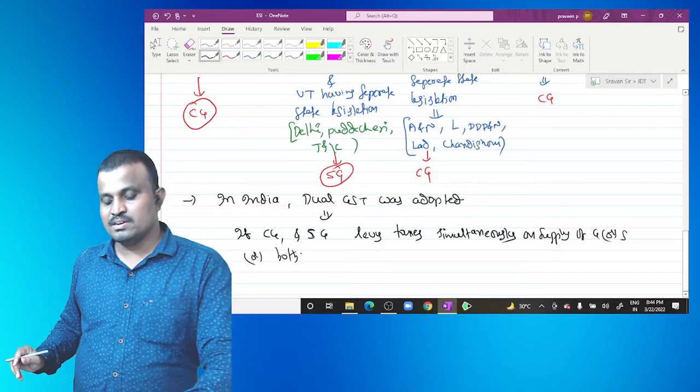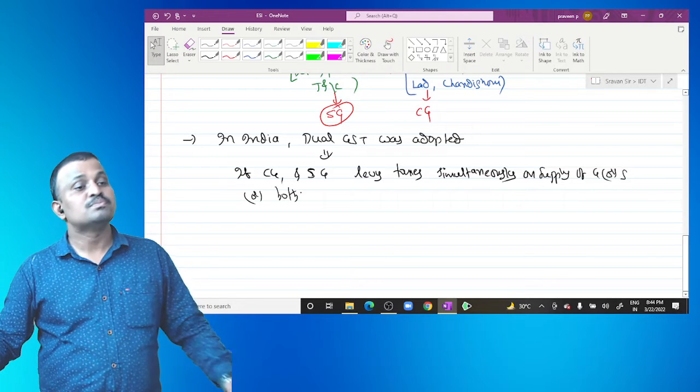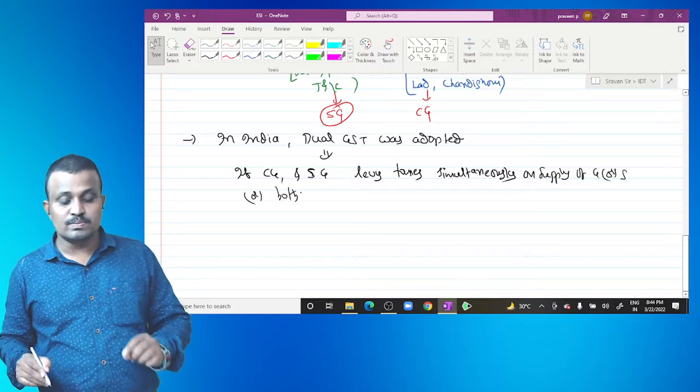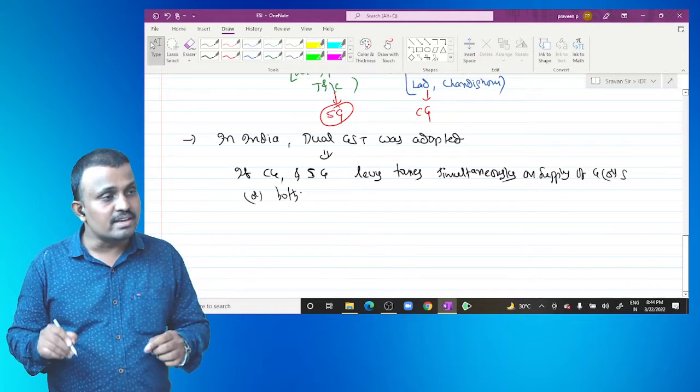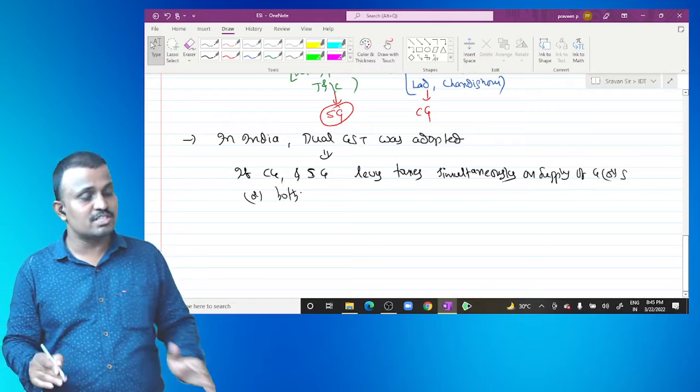If the central government and state government levy taxes simultaneously on supply of goods or services or both, then the GST is said to be a dual GST. In India, dual GST was adopted.